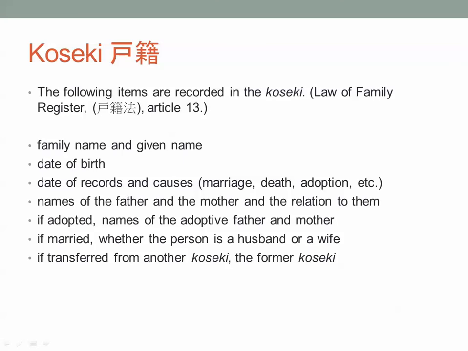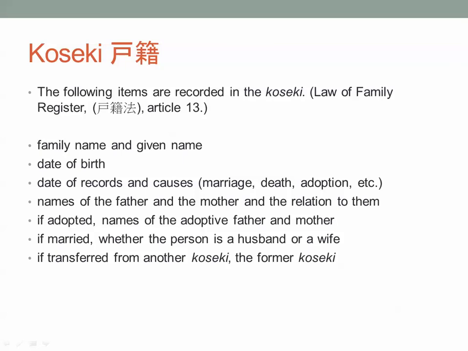So in that previous example, if a man marries a woman and takes on her surname, then he's officially transferred from his family's koseki to her family's koseki. So that's what I mean by he's transferred. And also, the terminology that you may read or hear when that happens is that he has been adopted into his wife's family.